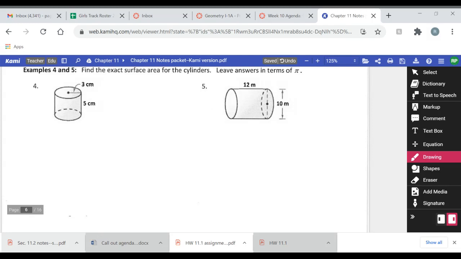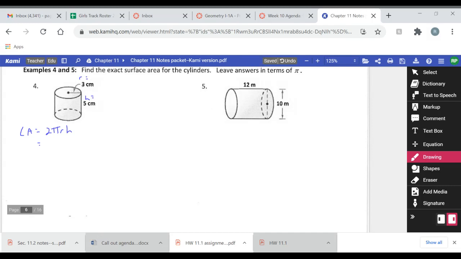So in this particular case, we want the lateral area, which we just said is 2 pi r h. Well, we can see the radius goes from the center of the circle out to the edge of the circle. And we can also see the height of the cylinder is the distance between the two bases. So just be careful with this.